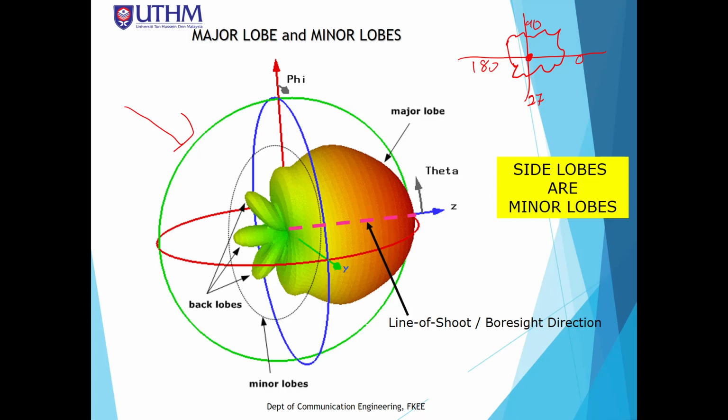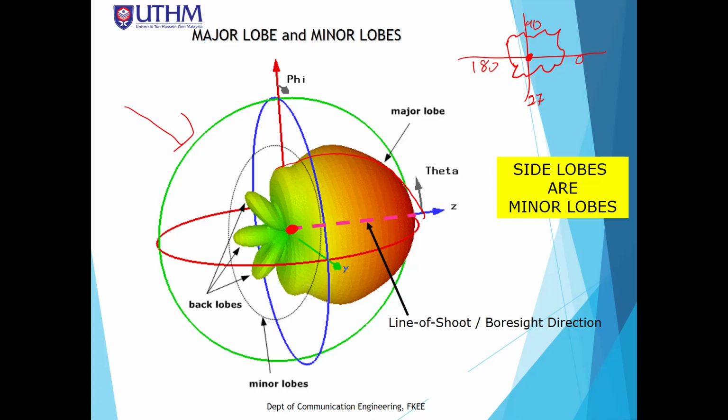So you see that the antenna is located at the center, and we're going to see where most of the power goes. You see that most of the power is radiated towards this side, on the right side.